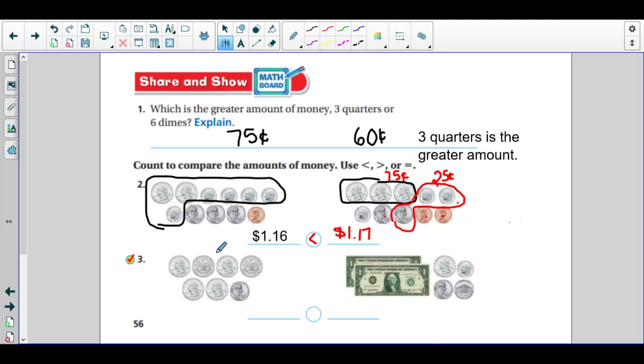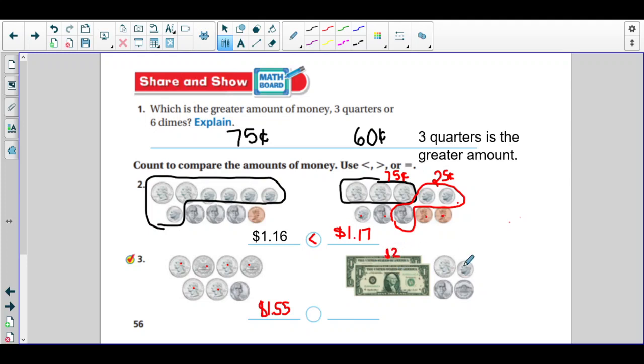Let's see, we get down here. 25, 50, 75, $1, $1.25, $1.50, $1.55. And then over here, I've got $1, $2. All right, so I'm just going to go ahead and put this right here so I don't forget it.